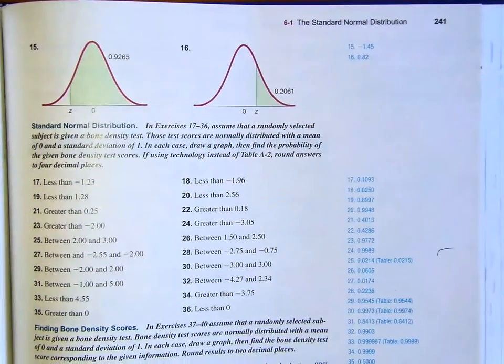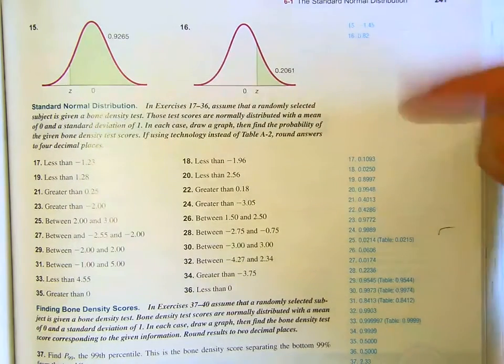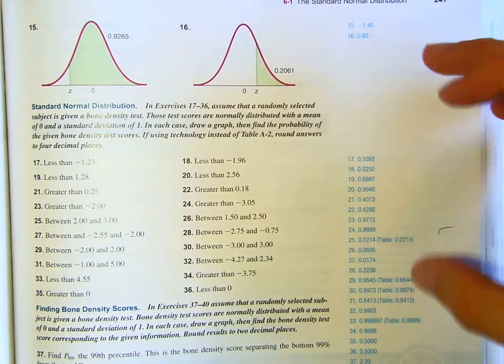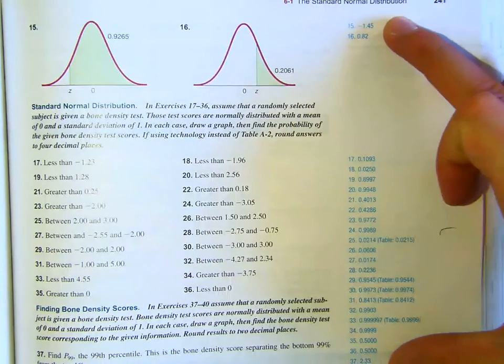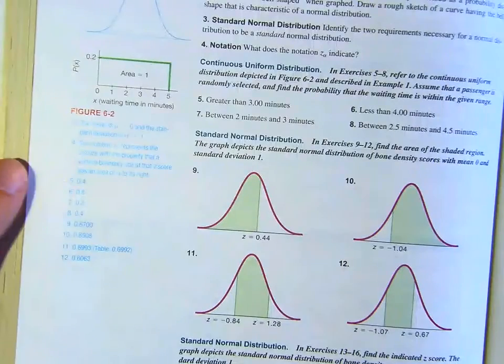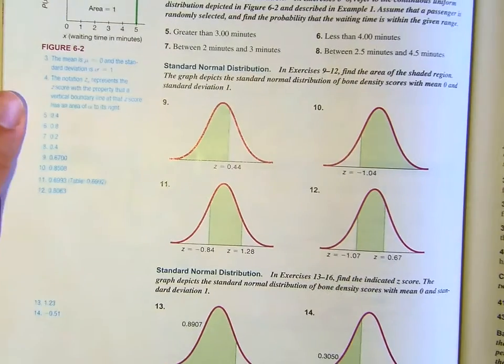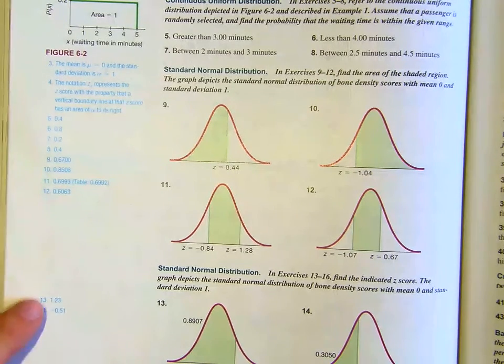And notice that because I have the teacher textbook, the answers are right here. So it's okay that you have these answers here, 15 to 36 and all that. Here are the answers. So when you're done, check your answers here. And what about the other questions? The answers for 9 to 14 are also right here.